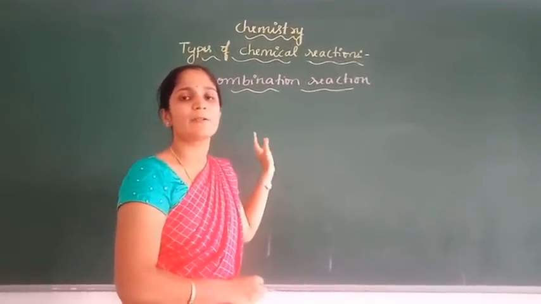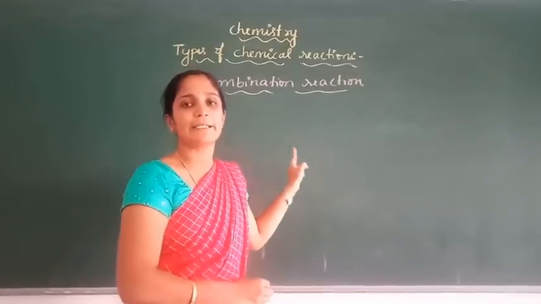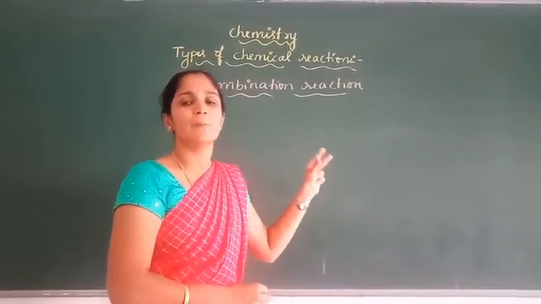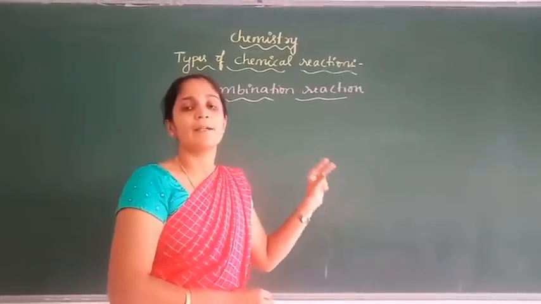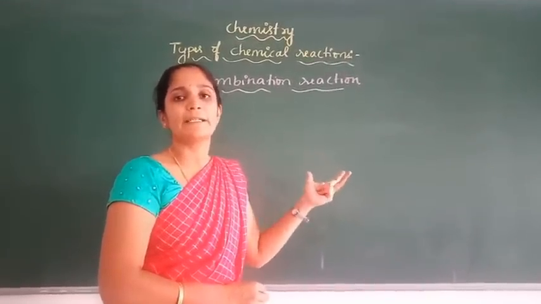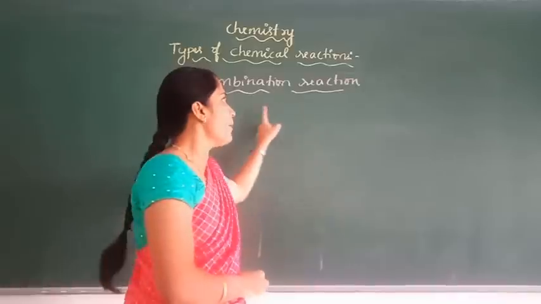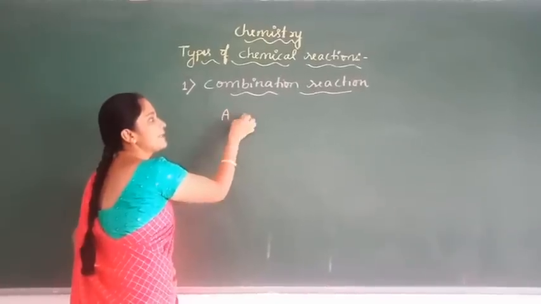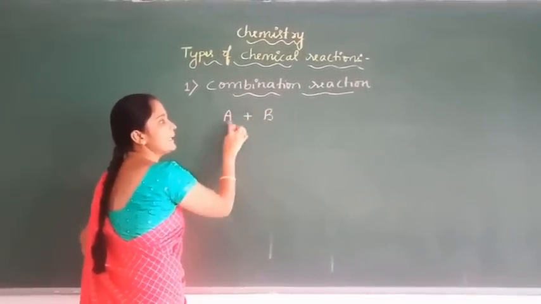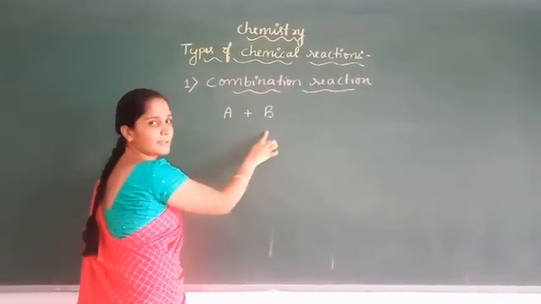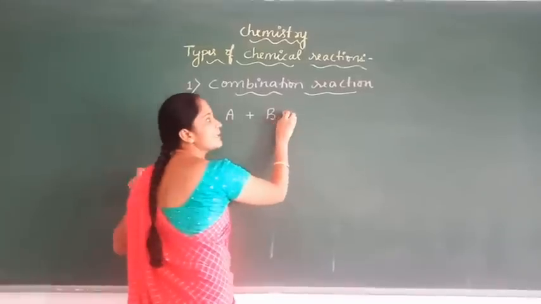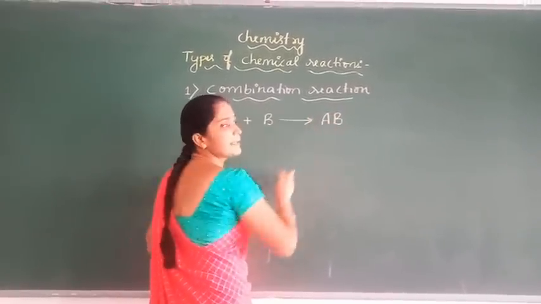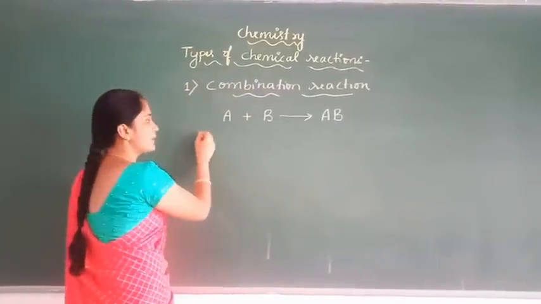For example, here A and B are two substances which can combine to give a single substance, that is AB.